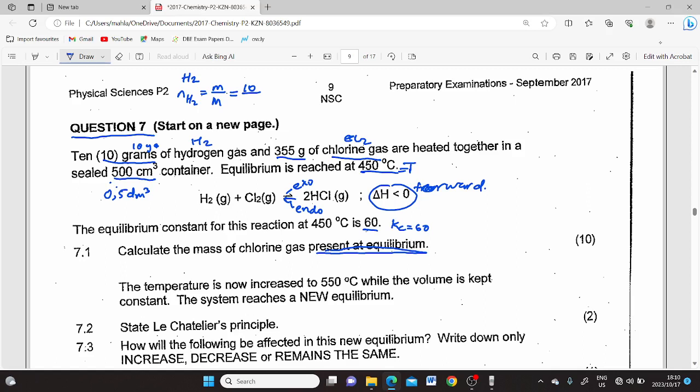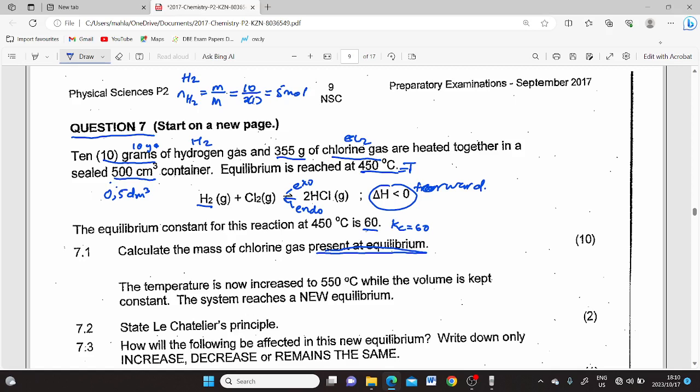So the mass of hydrogen is 1, and we say 2 by 1 because there are 2 hydrogens. So this will be 5 moles. So we have 5 moles there.